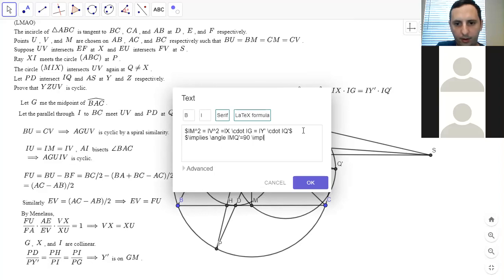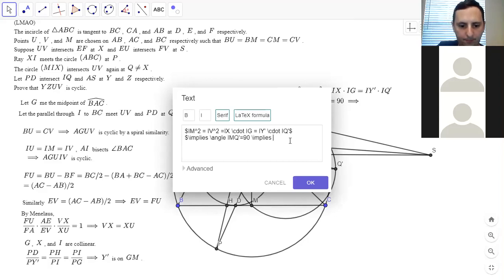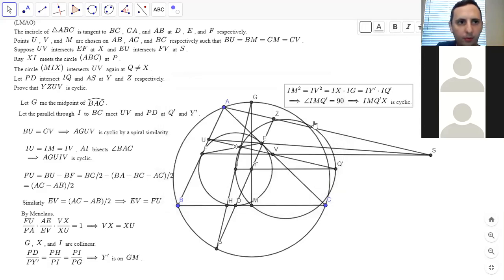That implies that IMQ prime X is cyclic. And that implies that Q prime equals Q.